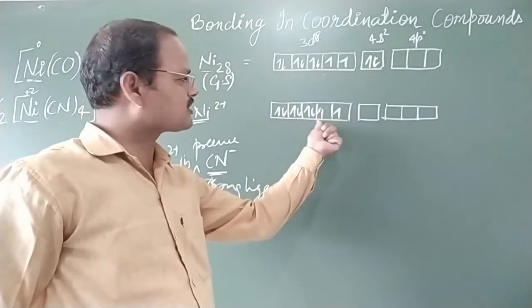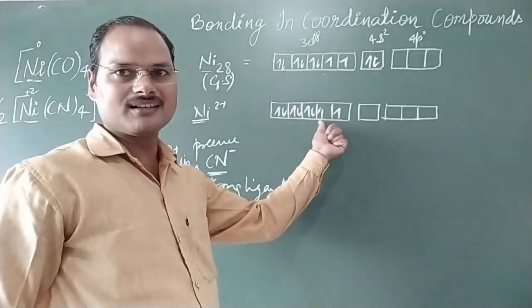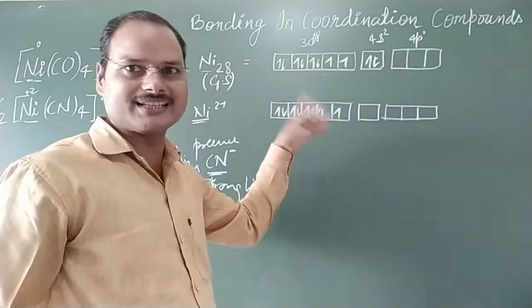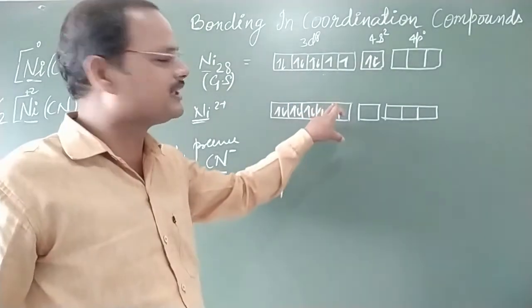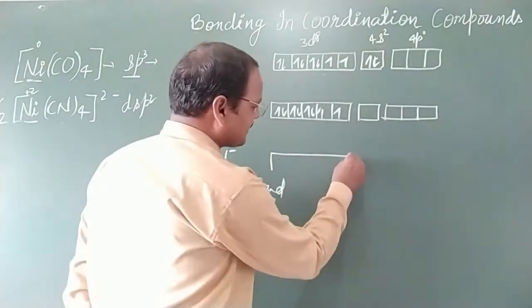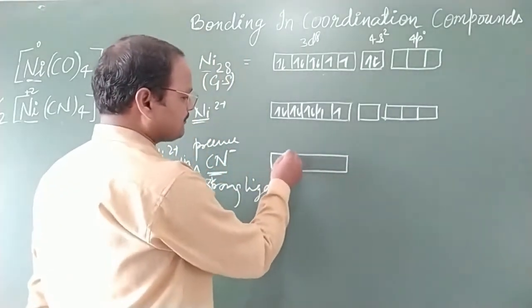It means both electrons will be filled in this orbital against Hund's rule. But here, this concept dominates, and that's why Hund's rule will not be followed. So see, in this case, again I am writing this electronic configuration.